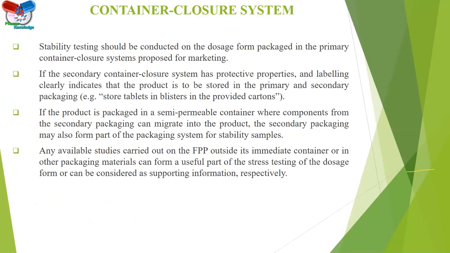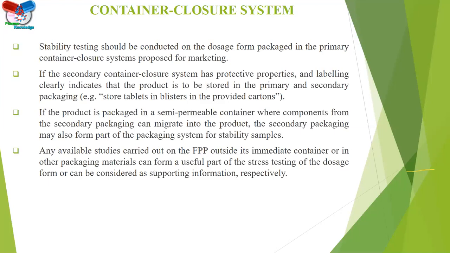Stability study should be conducted on the dosage form packaged in the primary container closure system proposed for the market. If the secondary container closure system has protective properties and labeling clearly indicates that the product is to be stored in primary and secondary packages. If the product is packed in a semi-permeable container where components from the secondary packing can migrate into the product, the secondary packing may also form part of the packaging system and stability sample.